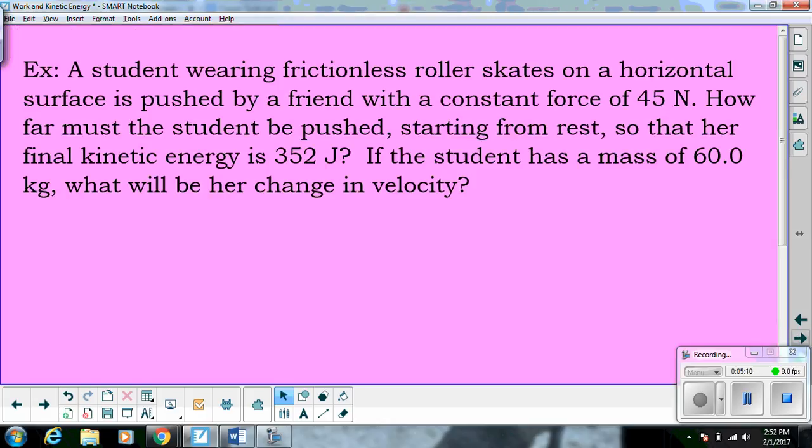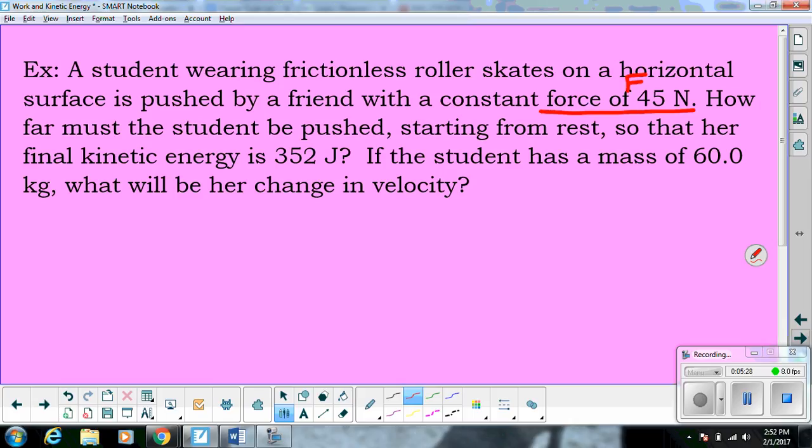So here's your kinetic energy work type of question that you're going to be asked in the homework. A student is wearing frictionless roller skates on a horizontal surface and is pushed by a friend with a constant force of 45 newtons.